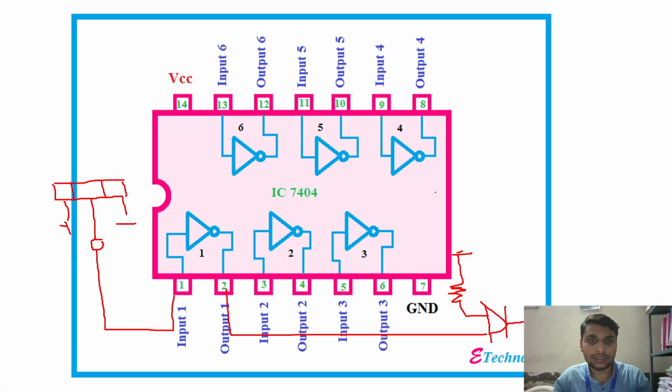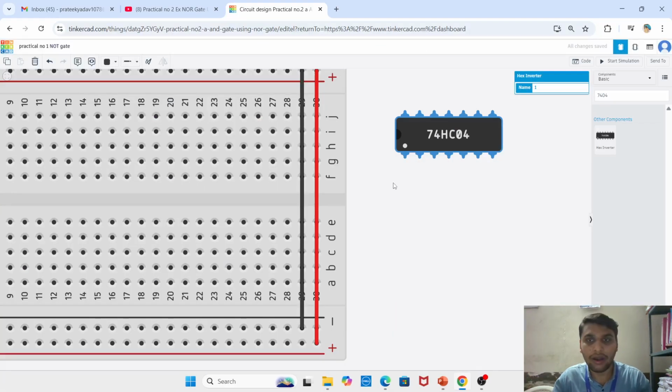So in the block diagram, we have clearly seen the pin number 1, 2, 3, 4, 5, 6, 7. But how do we know which one is pin number 1 and pin number 2, 3, and 4? So there is a white color notch on the IC. So start the counting from the bottom of the notch. That is your pin number 1, 2, 3, up to 14.